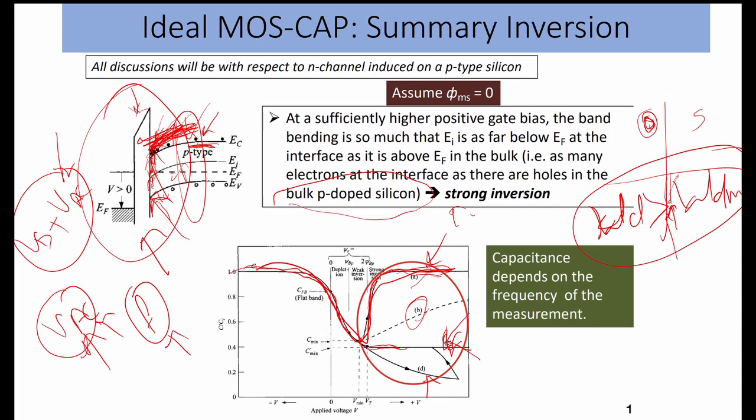It will follow this one because the uncovering of the electrons is coming from the edge of the depletion region. And this is the deep depletion case, this D graph, deep depletion we call it.